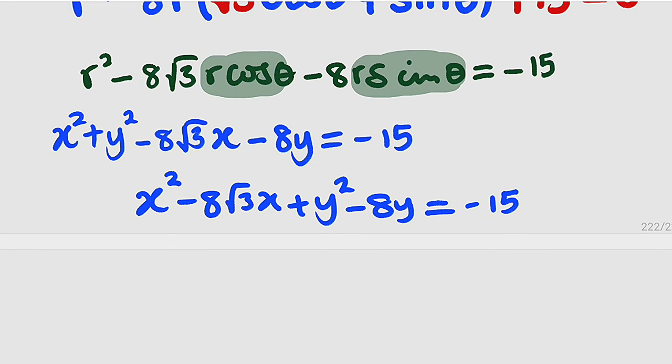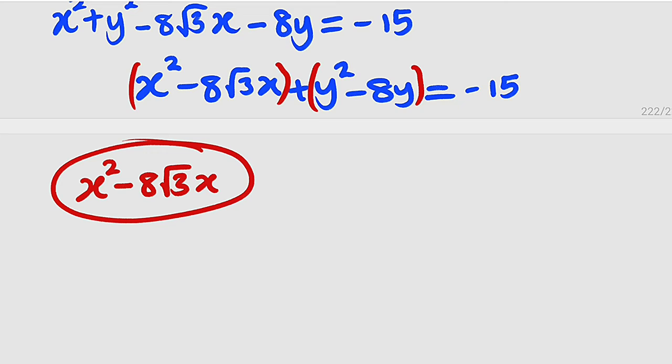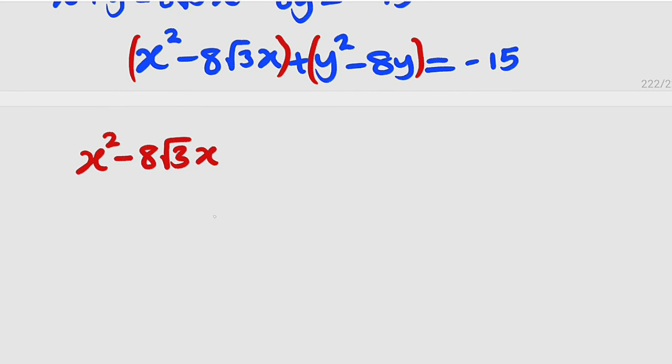So we are going to make the left hand side complete squares by grouping. I'm going to group this as well as this separately. So the first one, we have x squared minus 8 root 3 x. What can I do to this to make it a perfect square? We are going to take half of the coefficient of x.